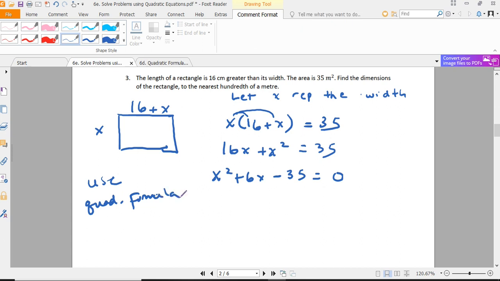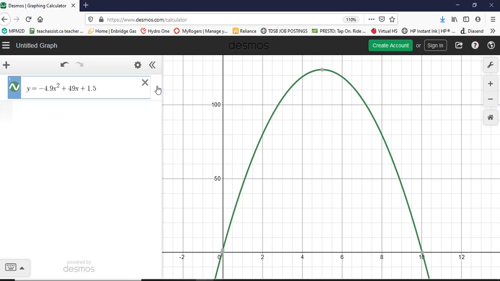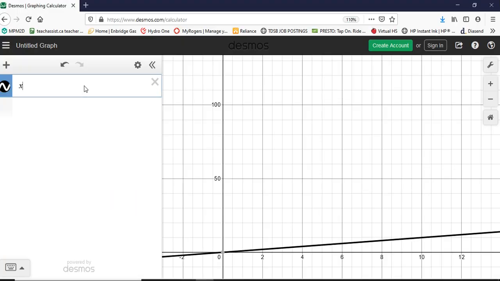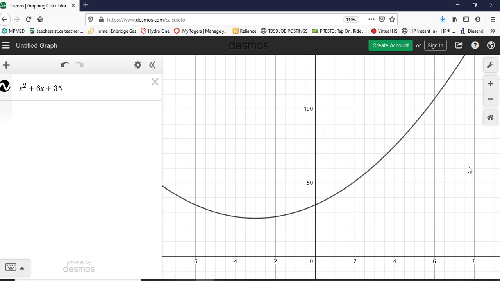Okay? Now, remember, all of these are quadratic equations that model quadratic behavior. So if I feel like cheating a little bit, I can look at that and go, oh, it looks like I could simple factor it, but I can't find those numbers. So what I'm going to do is use Desmos. So I'm going to sketch that.